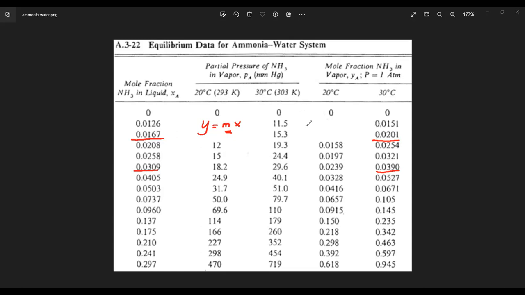And that m is not the m that I gave you, because what I gave you is 2.53x. In that case, you'll only be getting an m which is 1.22, 1.20, 1.21, telling you that this relationship of x and y for your ammonia water system is not really linear.